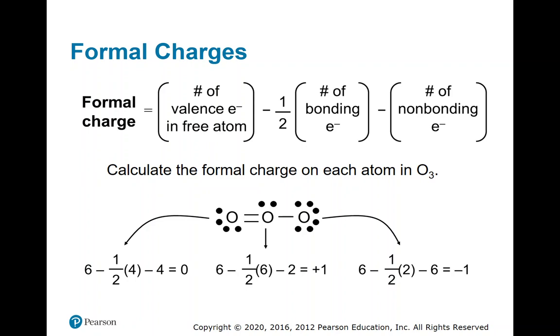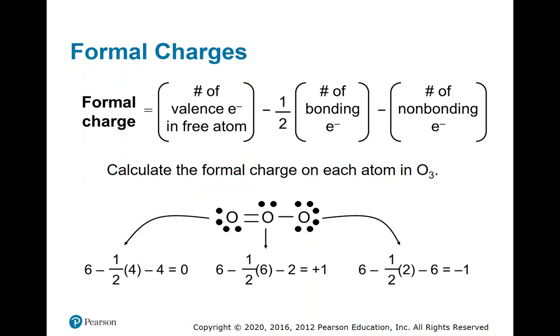And it turns out that if we apply this formula, we're actually going to end up with a number that we can assign to each atom in a Lewis structure. And the value, specifically the interpretation of that value, can tell us how good of a job any Lewis structure does of representing that given Lewis structure.